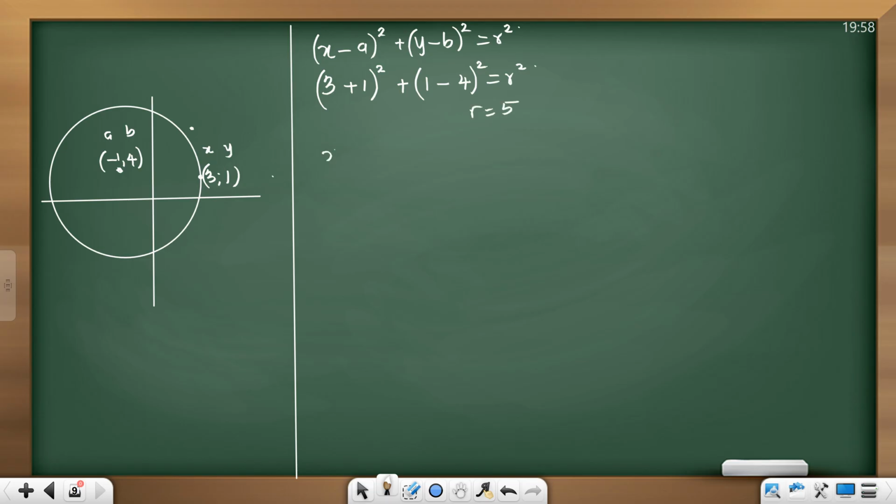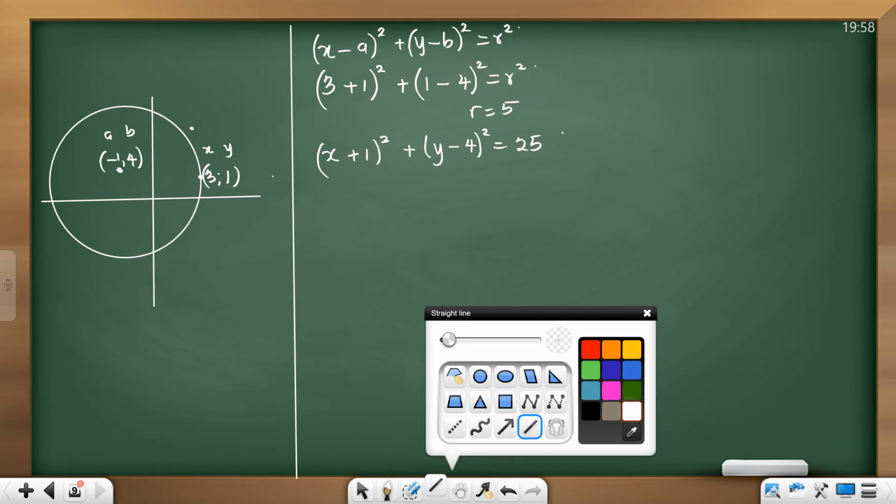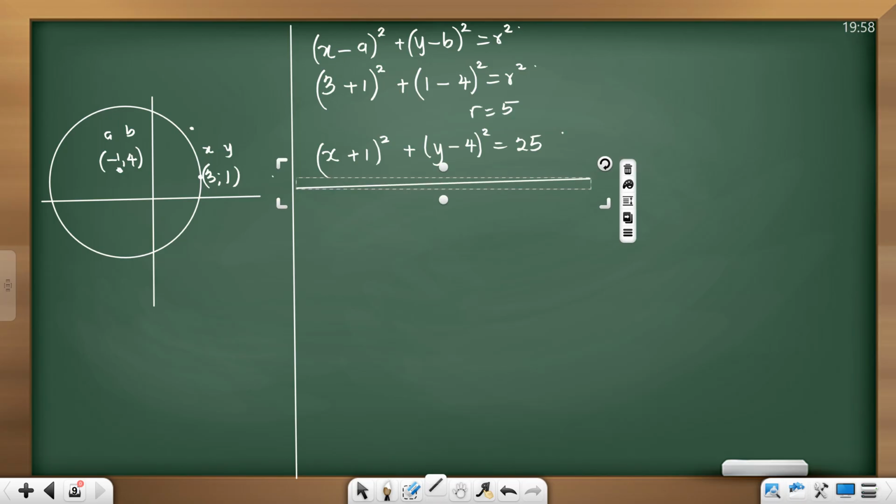So what's my circle? (x plus 1) squared plus (y minus 4) squared is equal to 25. Now, depending on the format that the examiner wants, you can expand. If they don't want it, don't do it.